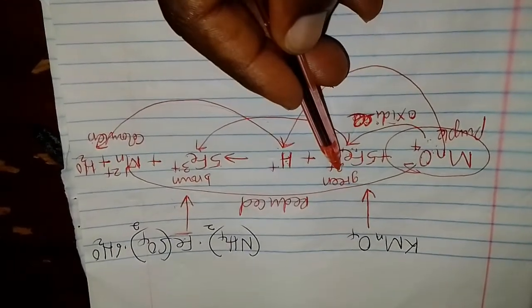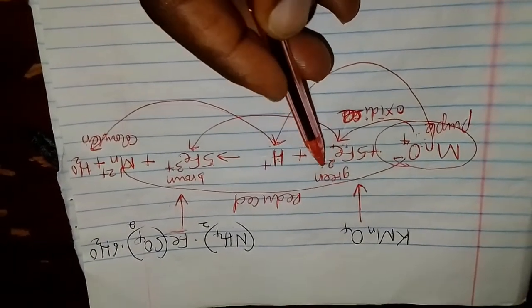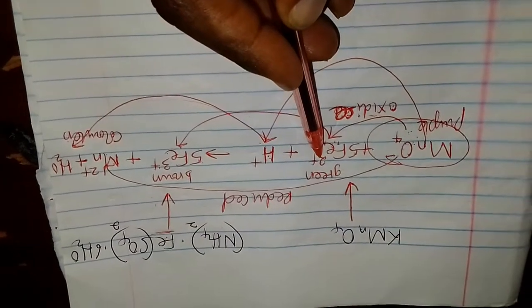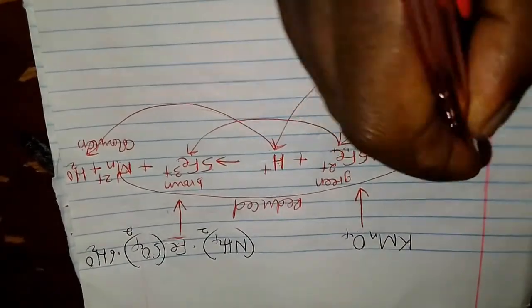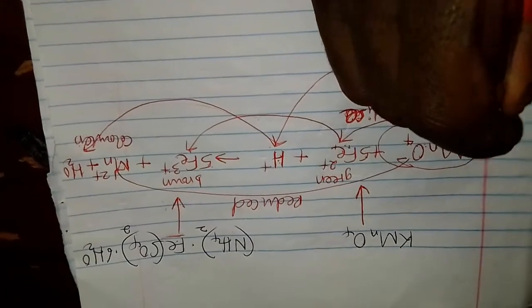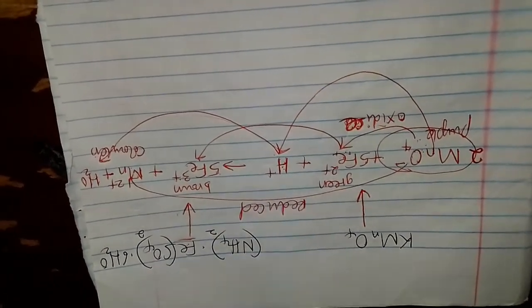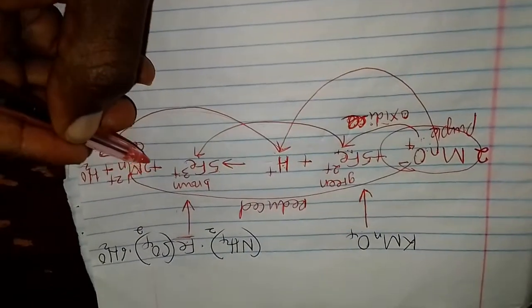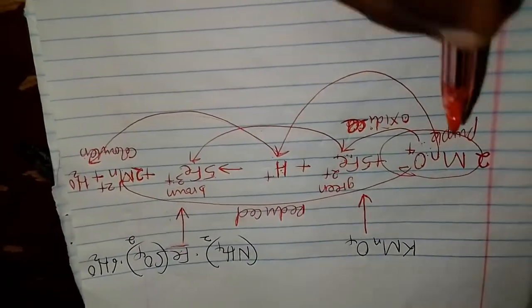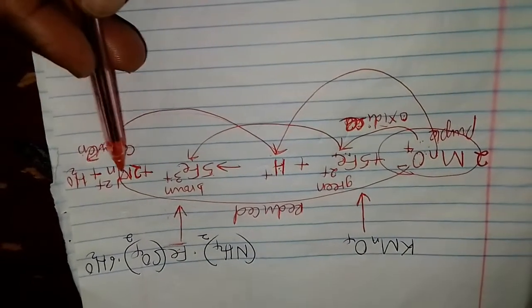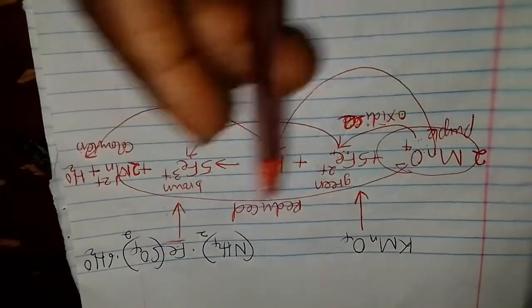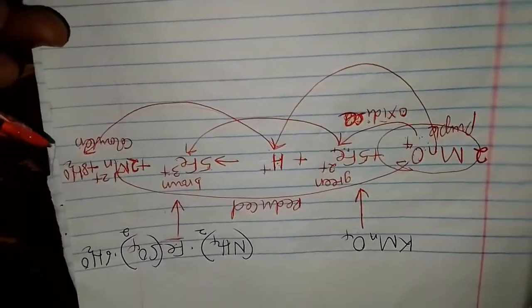Iron 2 ions, that means these are the electrons lost, you see. So that means the manganate 7 ions will pick the 2. So I'm picking 2 for us actually to balance the equation. Also put here 2. Then we have 2 manganese, 8 oxygen atoms. We shall put here 8 to balance the equation.